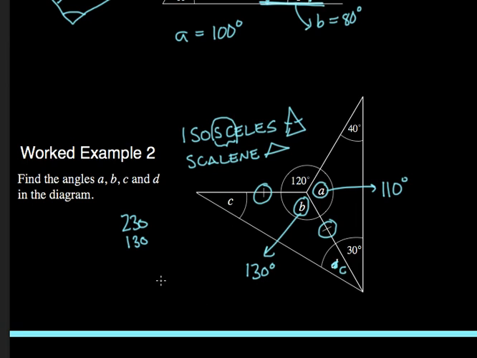So I'm going to write the formula out now. 130 plus C plus D must be 180 degrees. That would be my first line. And then I know that I can write D as C, so the next line down is 130 plus 2C is 180 degrees. So 2C must be 50 degrees, and C, which is the same as D, must equal 25 degrees.